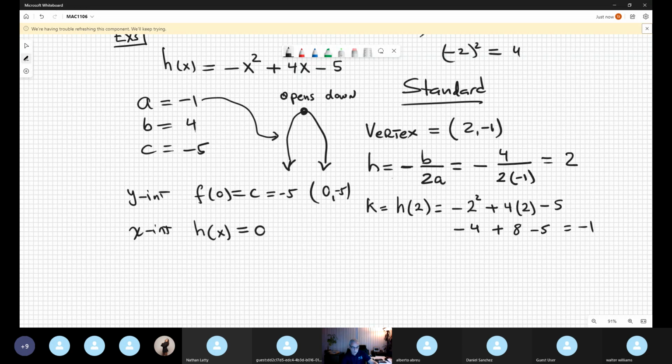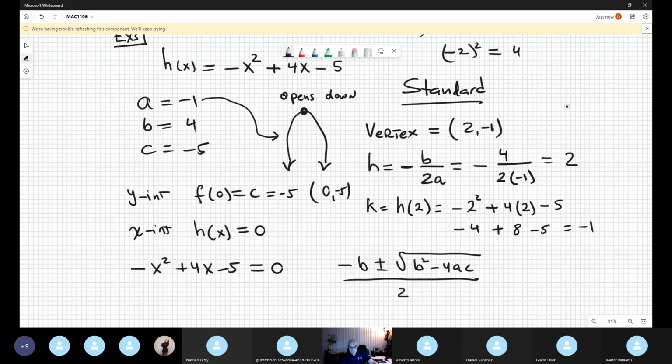So you copy -x squared plus 4x minus 5 equal to 0. Our goal is now solving this quadratic equation. For that, you need to apply the quadratic formula: minus b plus or minus the square root of b squared minus 4ac, divided by 2a. B, remember, was 4.